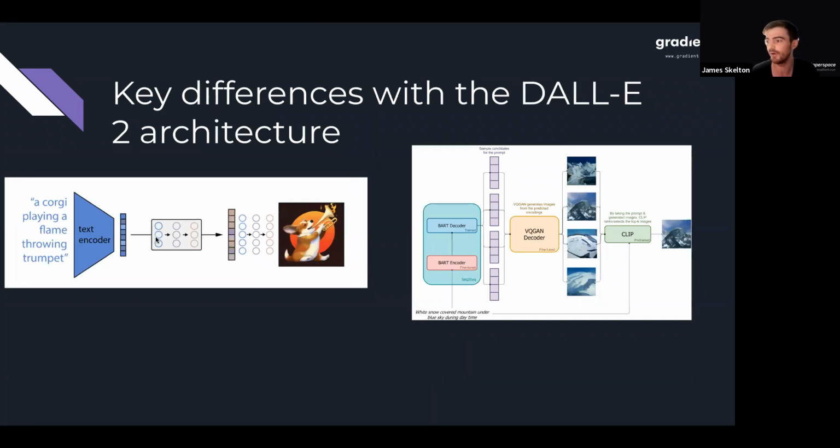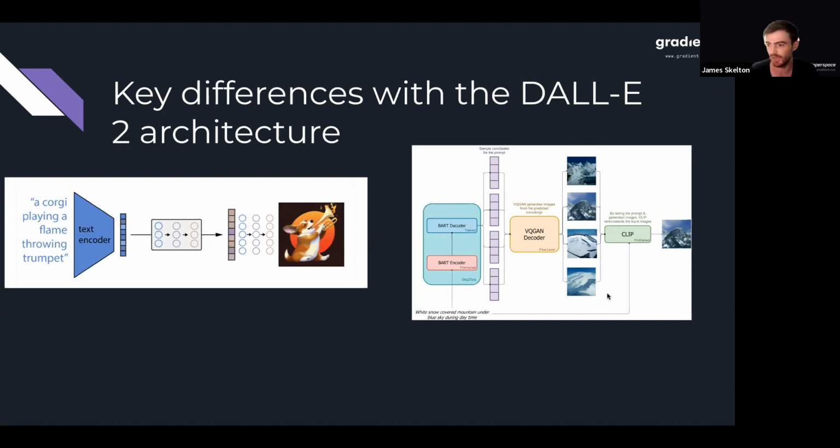Then the diffusion prior maps from the CLIP encoding to a corresponding CLIP image encoding. And then finally, the modified GLIDE generation model maps from the representation space into the image space via reverse diffusion, generating one of many possible images that convey that semantic information within the text caption. A corgi playing a flame-throwing trumpet is the example in the paper.